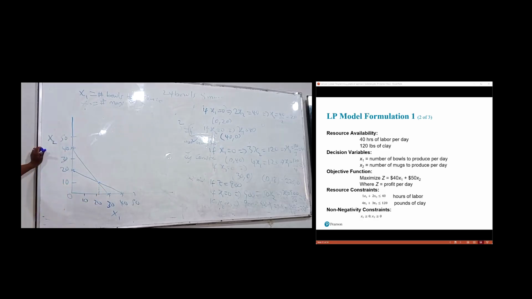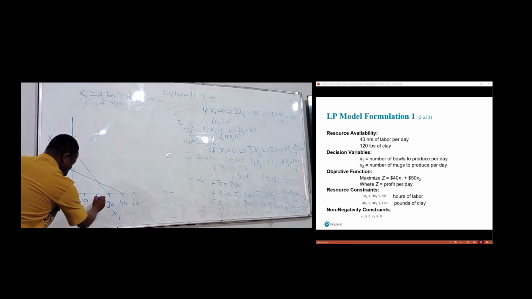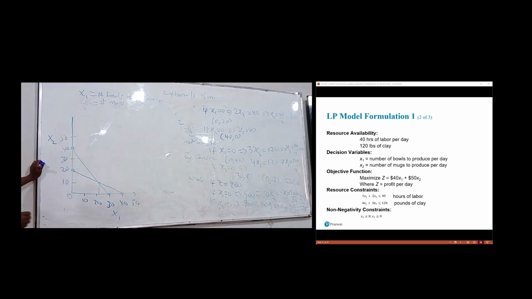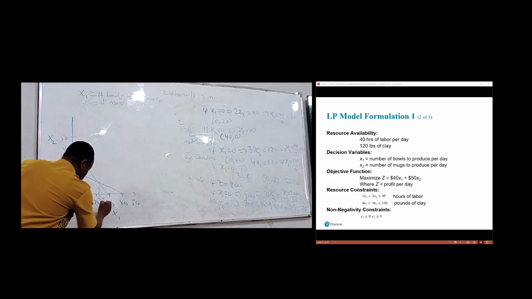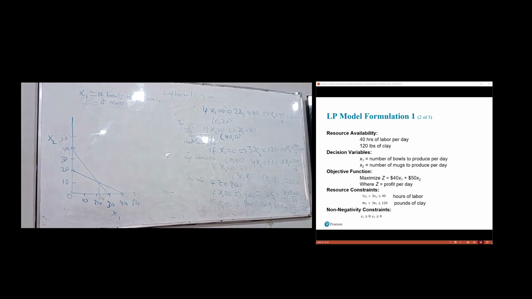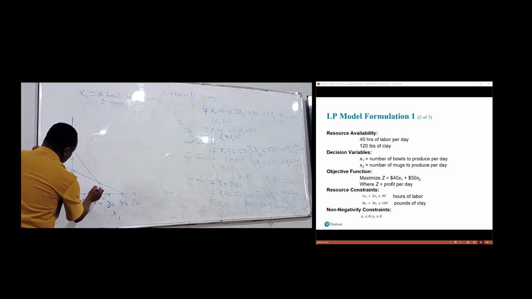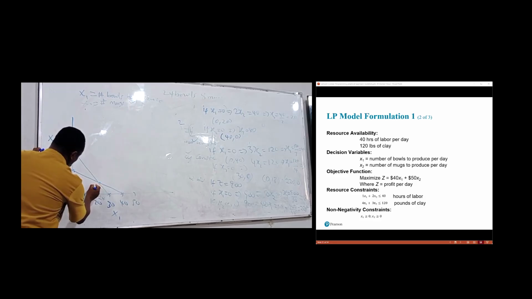If our graph is well structured, if we trace this down, this is supposed to be our x1. We found x1 to be 24. Remember, 24, the number of volts to produce. Then we found x2 to be 8.